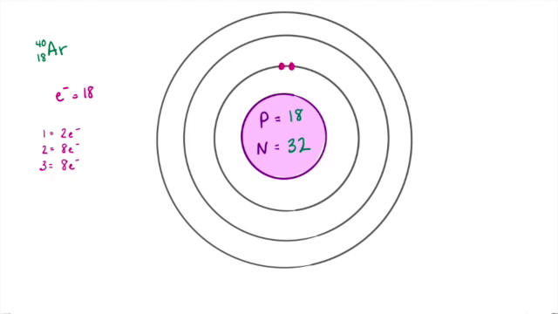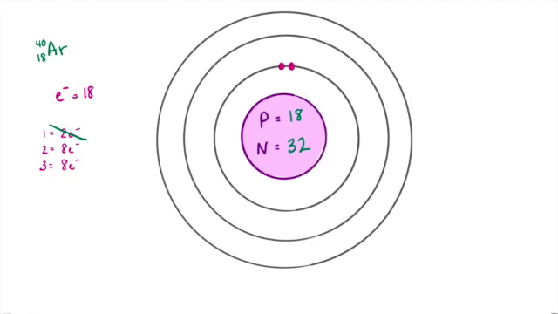Okay, now for the second energy level, so now we have 2 electrons, but we can't put any more electrons into the first energy level, so now we have to move on to the second energy level, which can accept 8 electrons. Now what I'm going to do is I'm going to put my electrons in the cardinal direction, so the north, east, south, and west directions, and I'm going to go around.